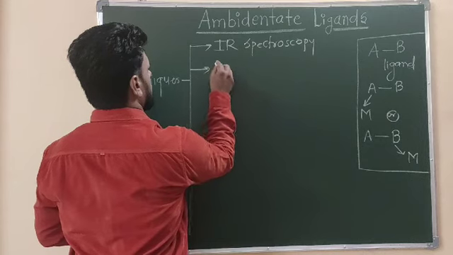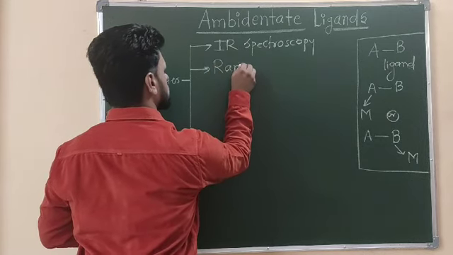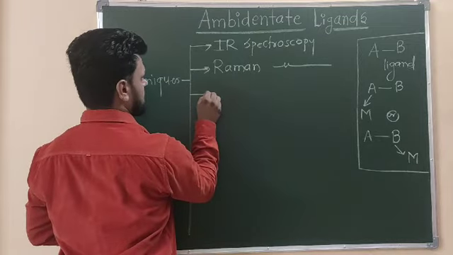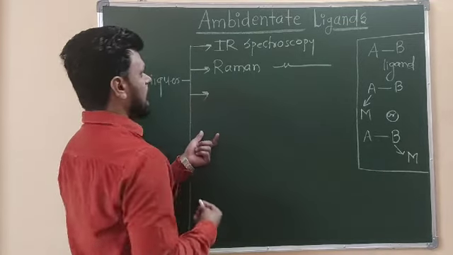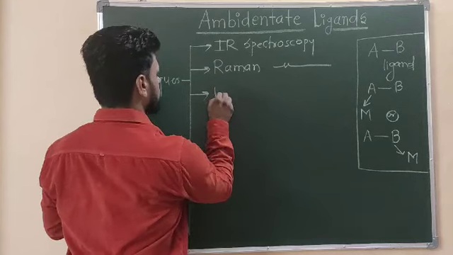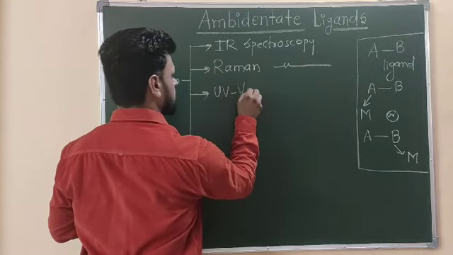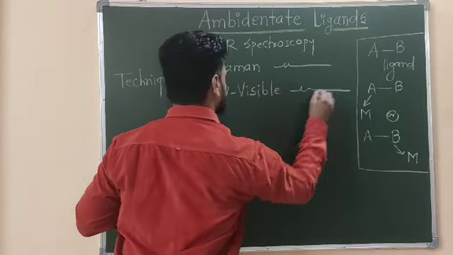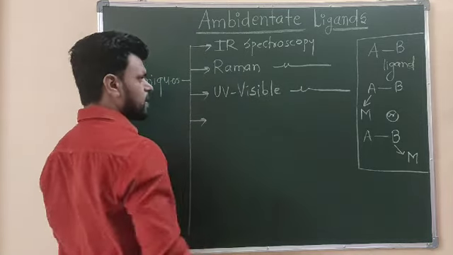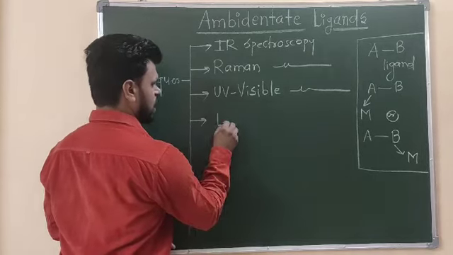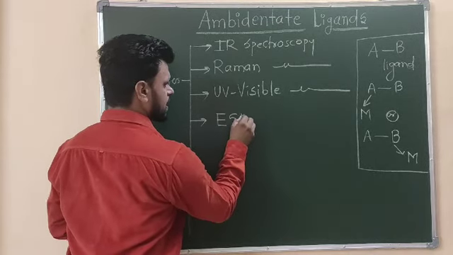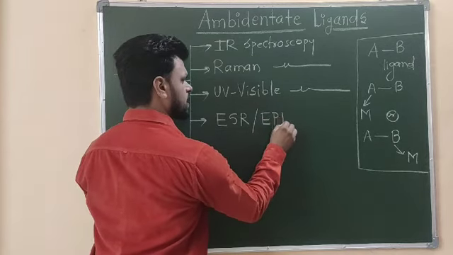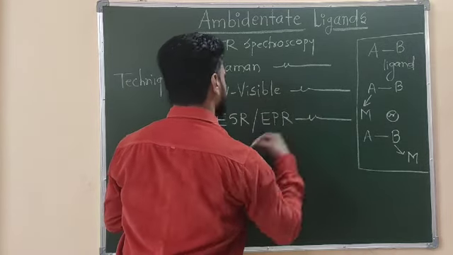Second, Raman spectroscopy is also used to investigate the bonding. Next, we can also use UV visible spectroscopy. These are the techniques generally used. Then we can also use electron spin resonance, also called electron paramagnetic resonance spectroscopy.